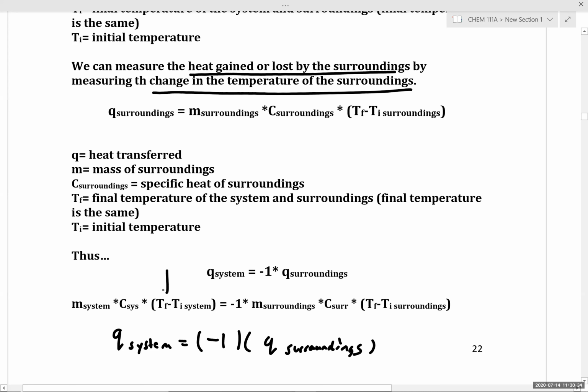So by measuring the change in temperature of our system and the change in temperature of our surroundings, we can in turn calculate and determine the mass or the specific heat of any component of our system and surroundings. So given certain quantities, we'll be solving this equation to figure out unknown quantities.